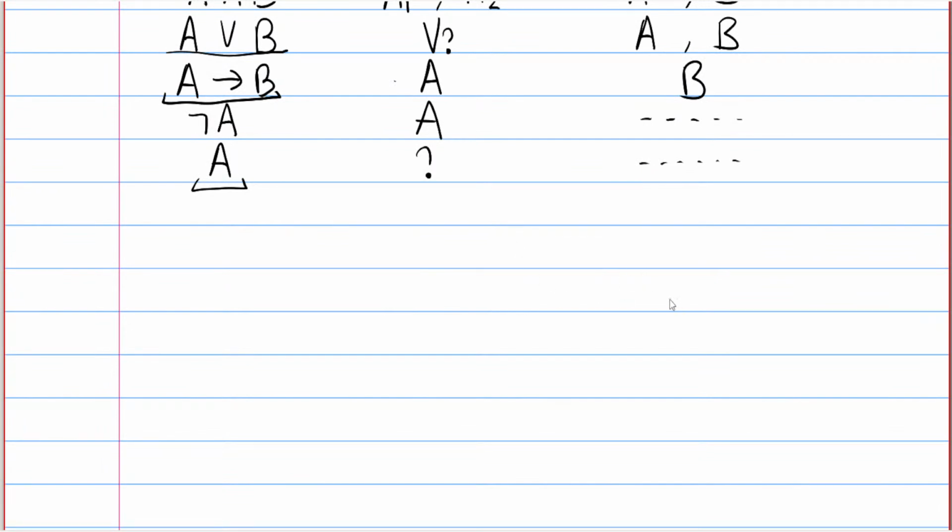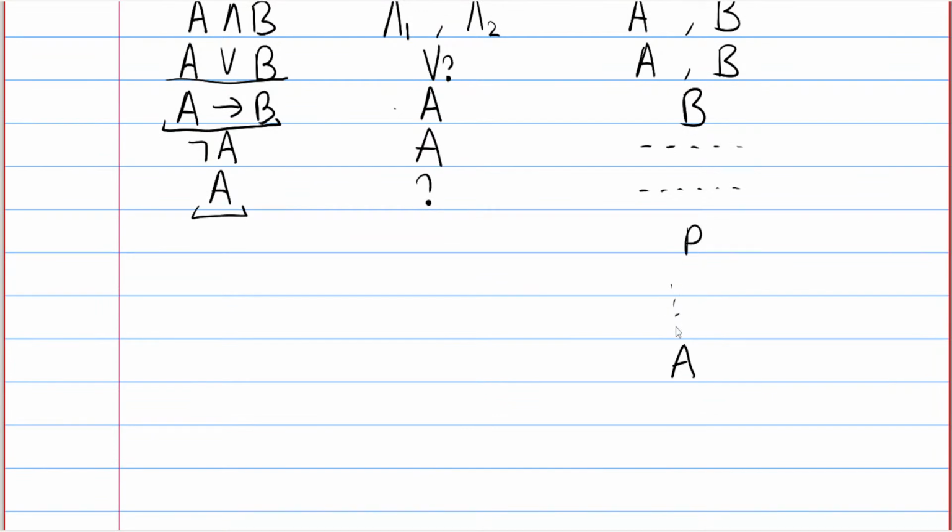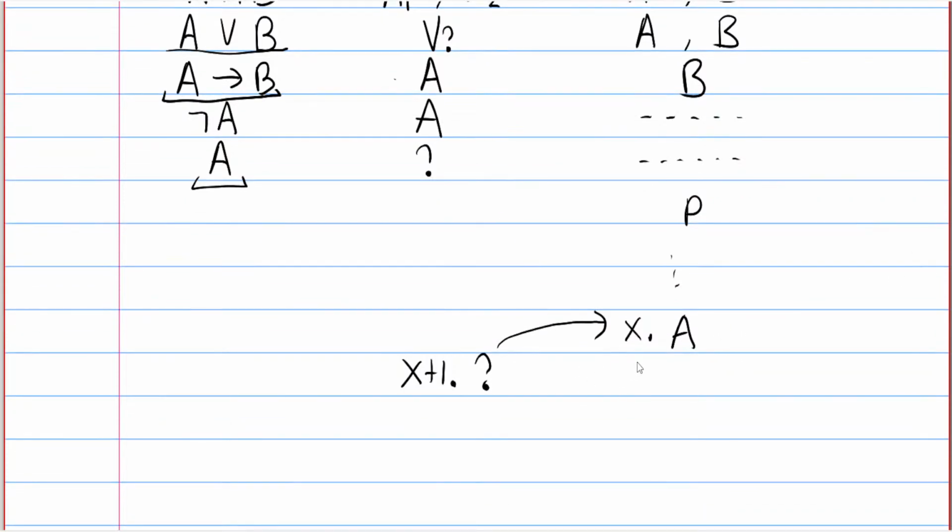Let's say we have A being said at some point by P, some number X, and then the next move they attack this statement A. Now, P can't defend themselves against this statement, so they just lose, right?